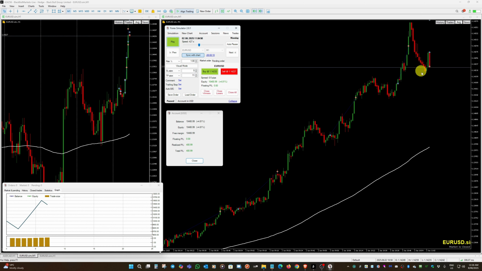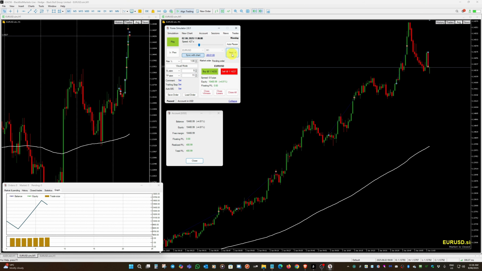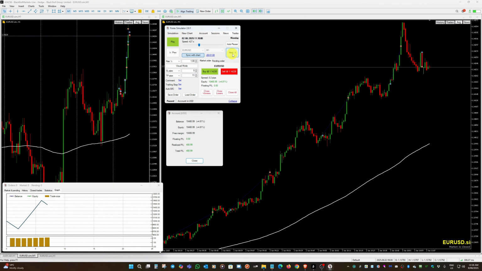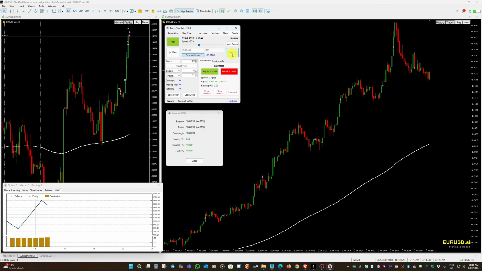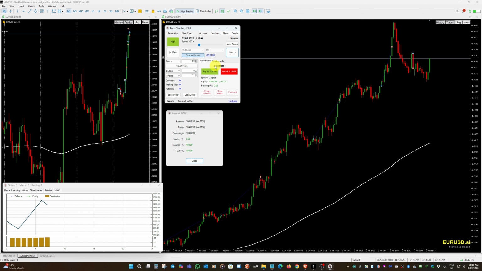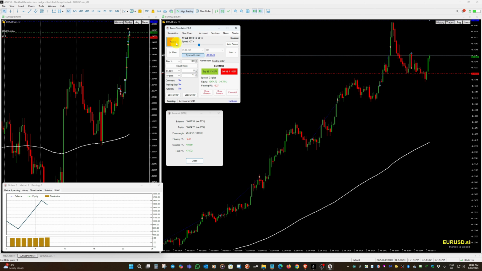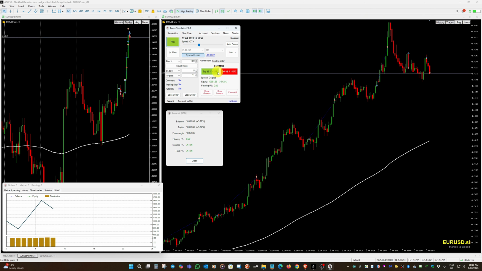It was actually a good setup though, so I'm not complaining. And again, that was another good setup. The good thing is we're only losing 1% when we lose, but we're gaining 2% when we win.